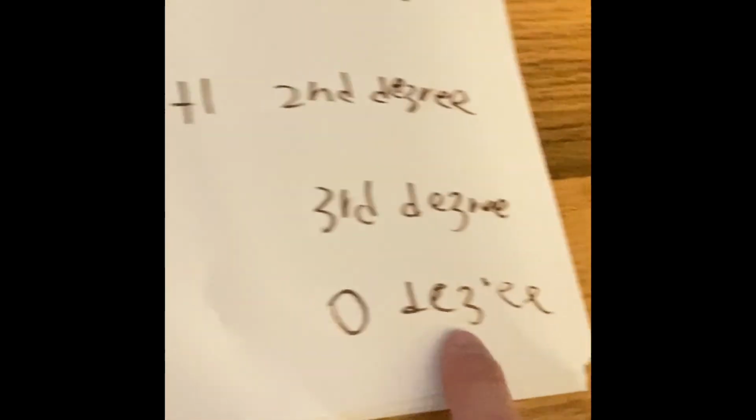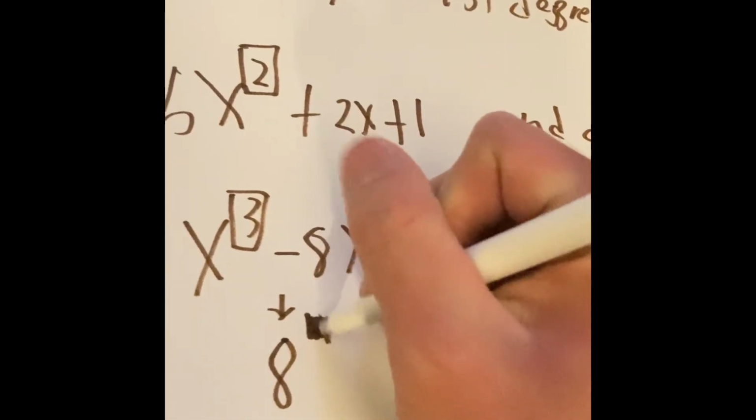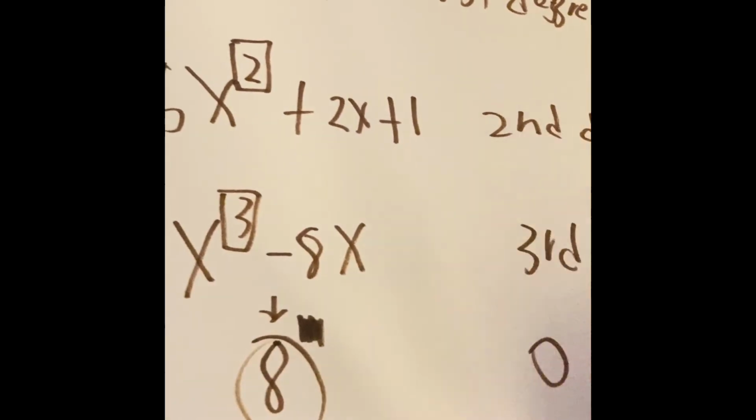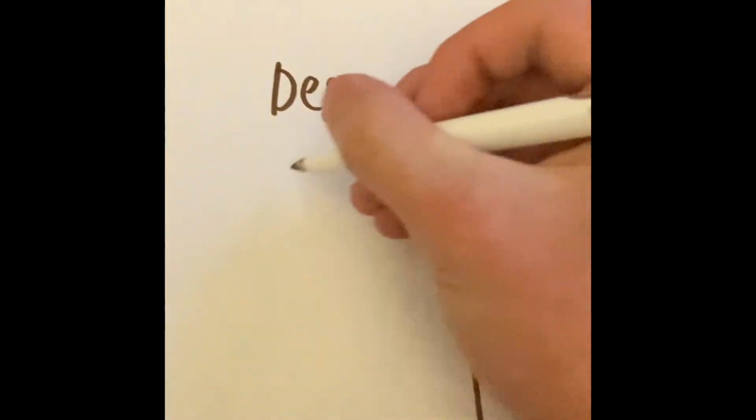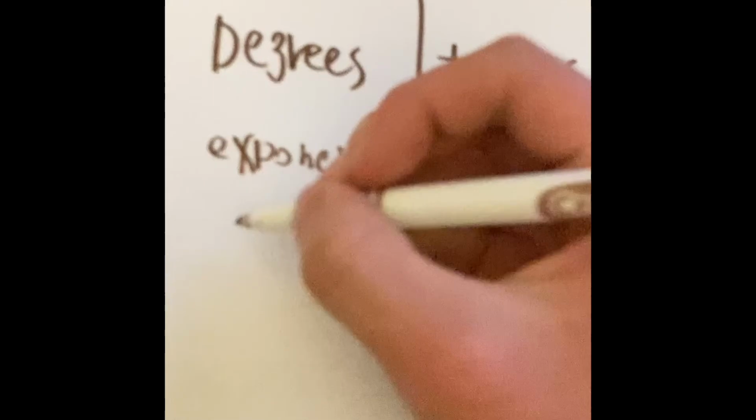No degree or no exponent is being added to your number. So 8, ta-da! So what degrees mean is going to be your exponent type. What you're putting in your exponents.